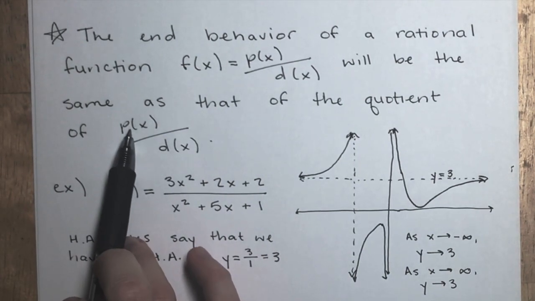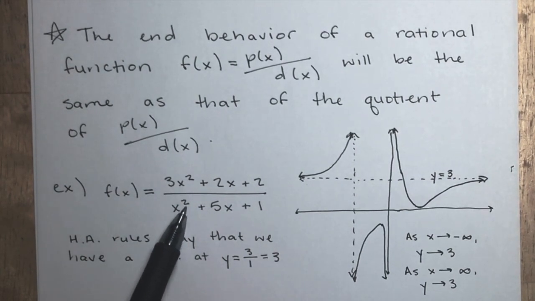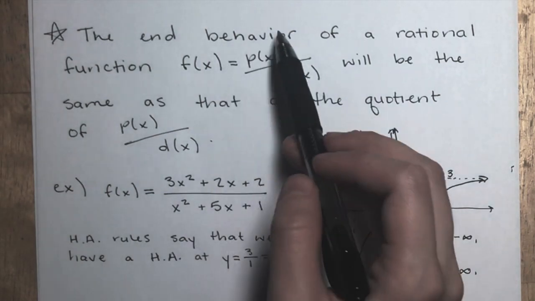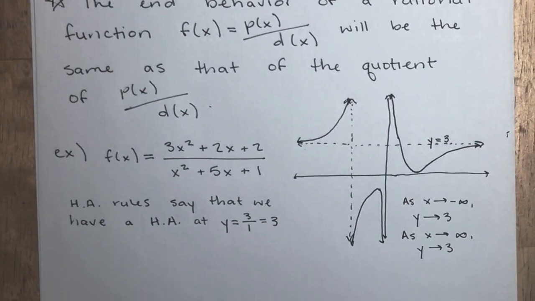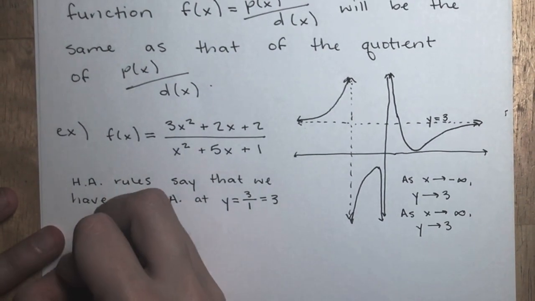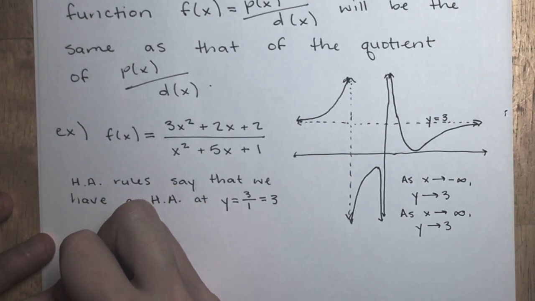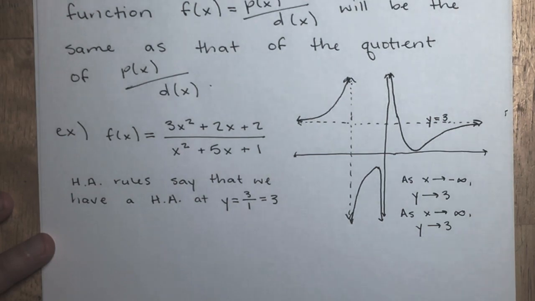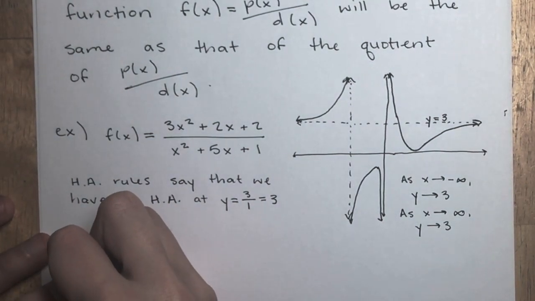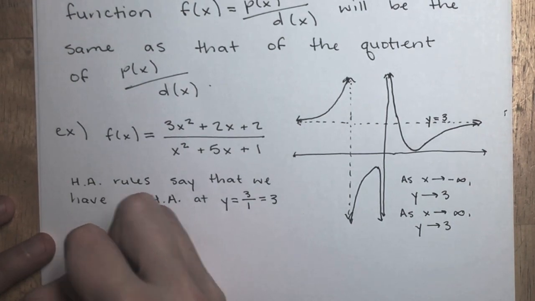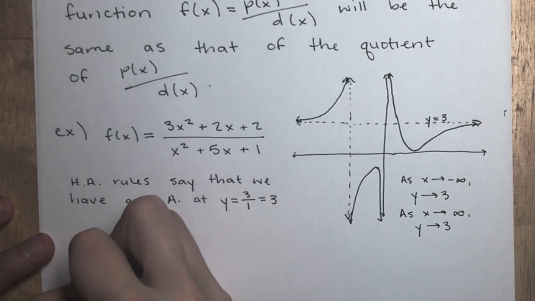So if we divide this numerator by this denominator, that quotient will be the same as the end behavior for our function. So let's look at that really quick. Quotient means we're going to be dividing. We have to use long division here, right? We can't use synthetic division. This denominator does not allow us to use synthetic division.